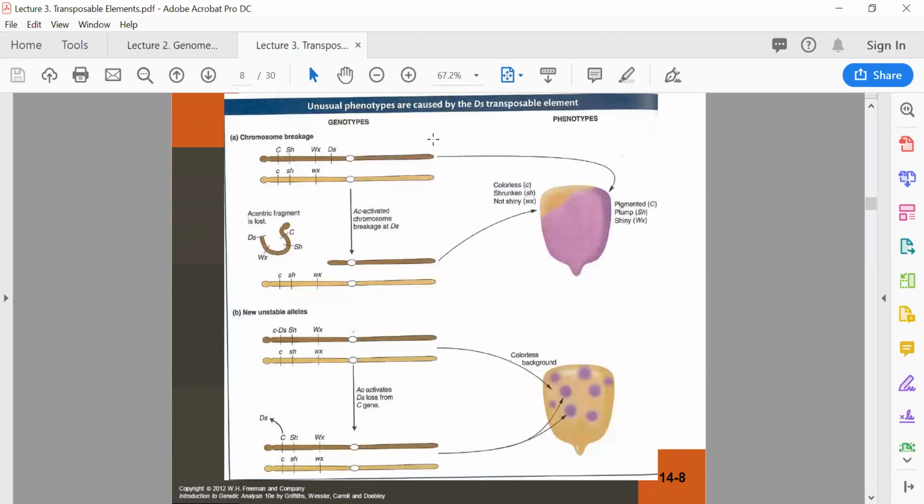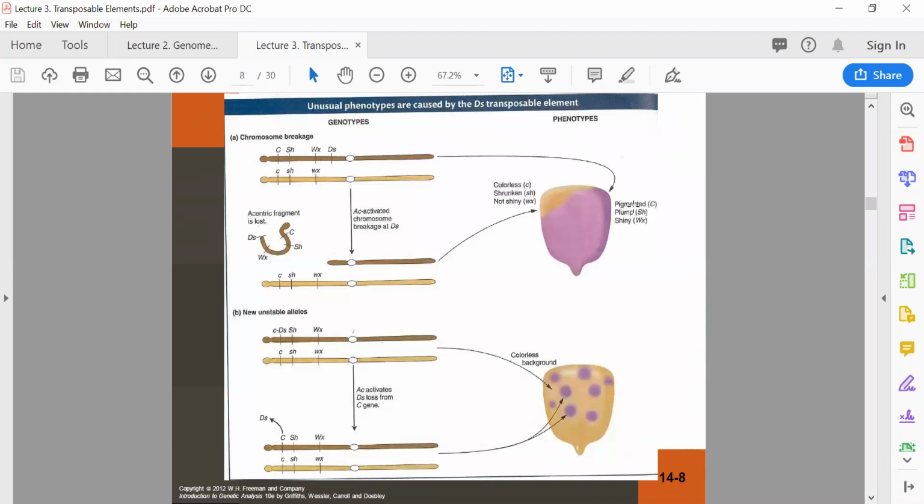All right, so let's start with the chromosomes here, this pair of chromosomes that we can see in A. This is a pair of 2 copies of chromosome number 9. Let's look at the alleles that we have here. We have this C allele, the normal wild type allele, which is the allele for pigmentation.